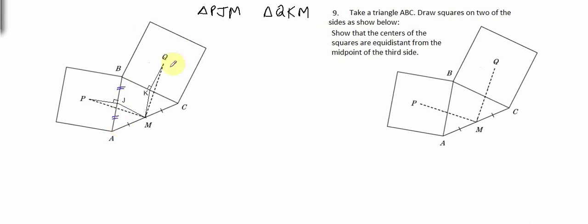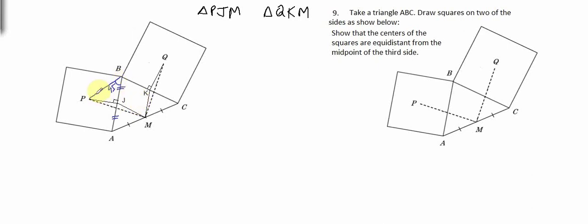And if I connect PB, then this angle will turn out to be 45 degrees, because P is the center of the square. It lies on the diagonal which bisects the angles, and therefore PBJ is 45.